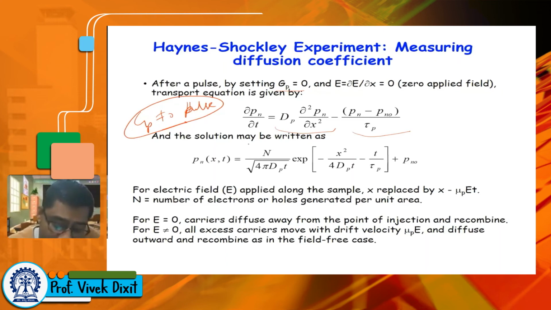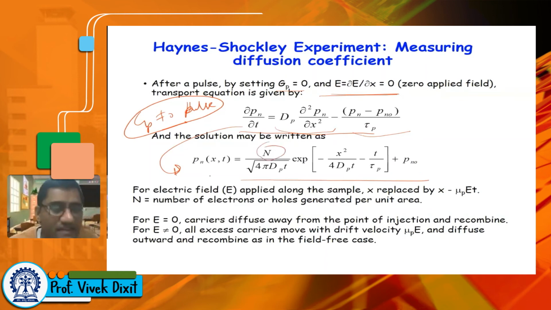And if we try to solve it without the electric field, that means at the same position, the peak will always appear at x equal to 0. The solution to this equation will look something like this, where n is the total number of carriers that are generated by the pulse, right?